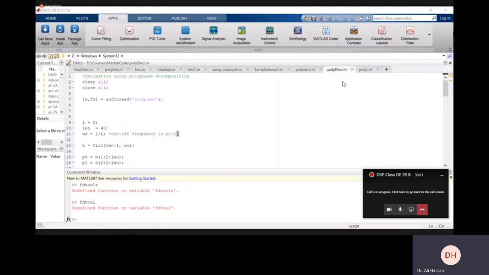Let me just use the default. By default it is trying to generate an FIR filter, and these are the specifications. The sampling frequency is 48 kilohertz.